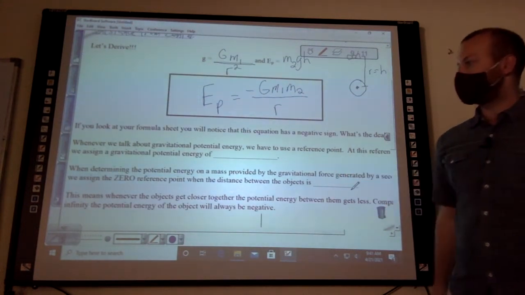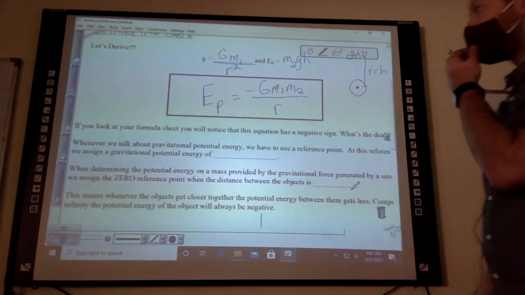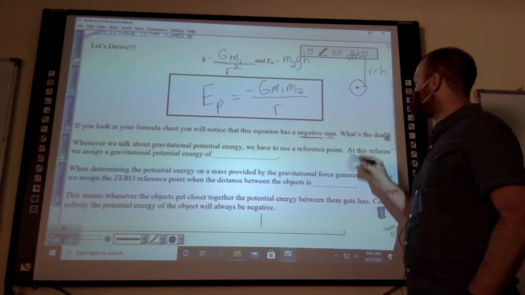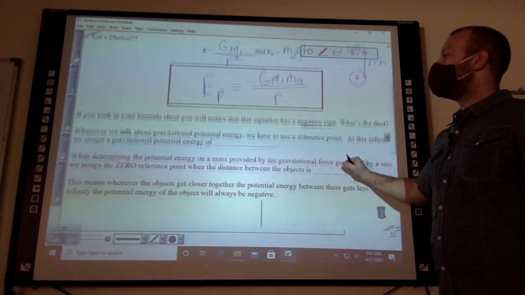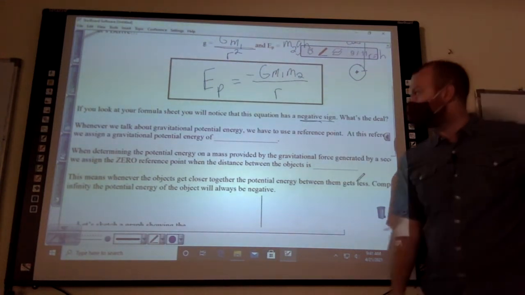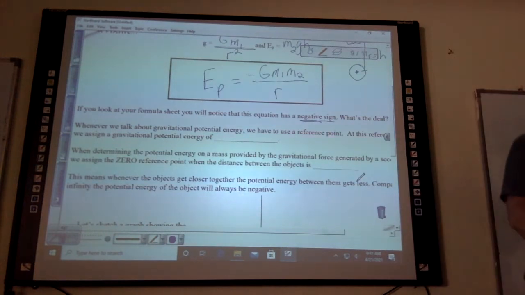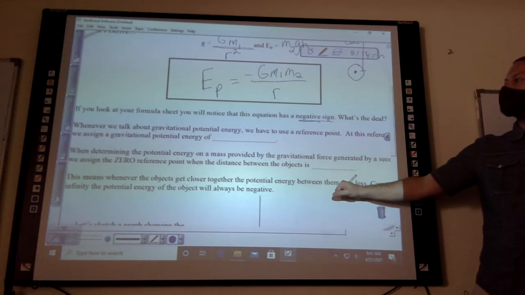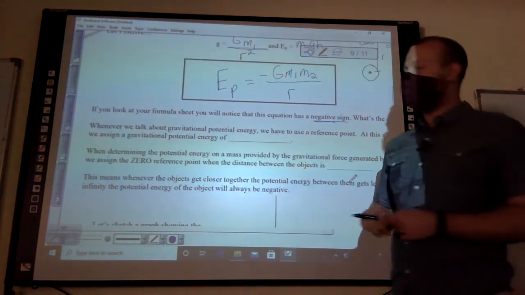If you look at your formula sheet, you'll notice that there's a negative sign. So why do we do that? Whenever we talk about gravitational potential energy, we need a reference point, as we've seen. At this reference point, we will assign a gravitational potential energy of 0.